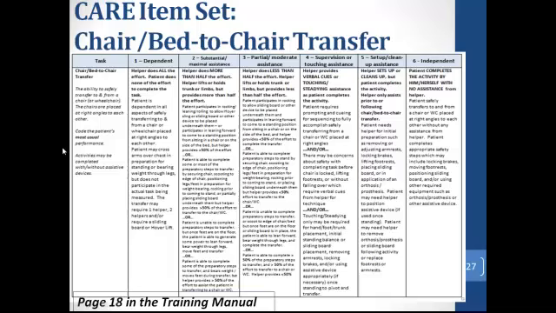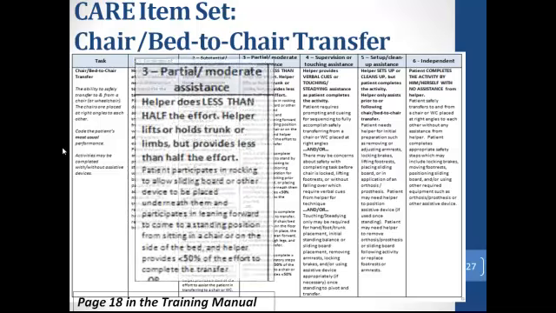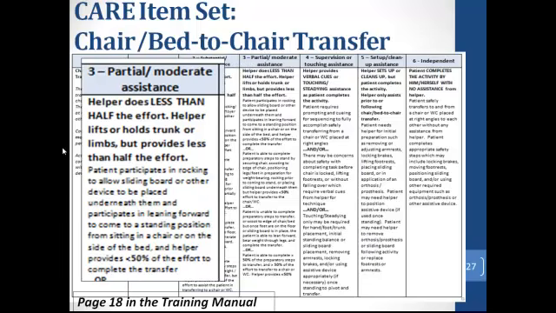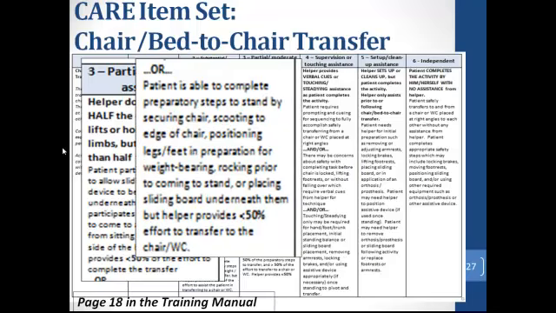A patient would be best scored as 3, partial or moderate assistance, if they could participate in rocking forward or scooting to allow a sliding board or disc to be placed underneath them, or perhaps they leaned forward to assist with weight shifting. Perhaps the patient can scoot forward to the edge of the bed or the chair and position their own feet.